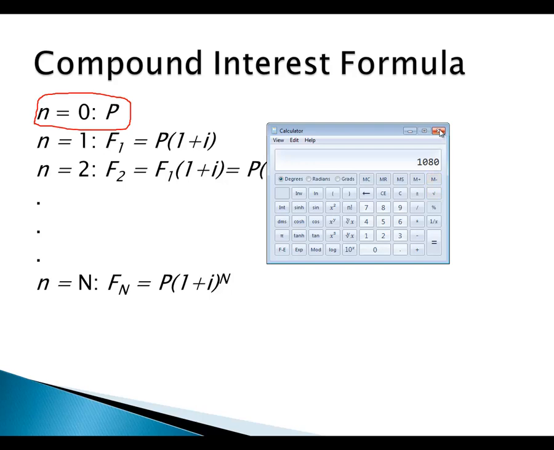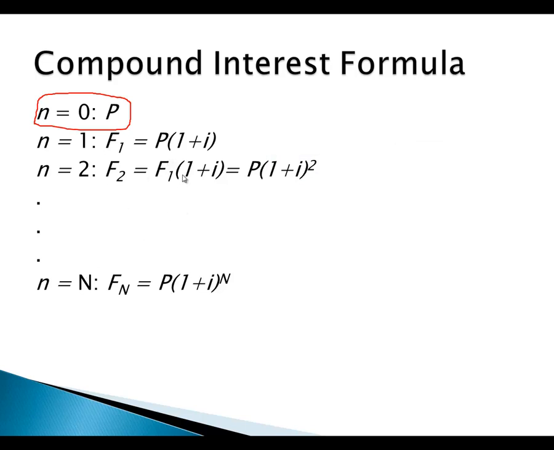Now in the second year, I will use the new future value, which is F1, the 1080, and I will multiply it by 1 plus I. Now remember that F1 is P multiplied by 1 plus I. So if I substitute this value here, I get P multiplied by 1 plus I multiplied by 1 plus I, which is P multiplied by 1 plus I squared.